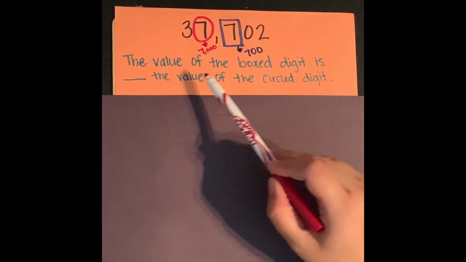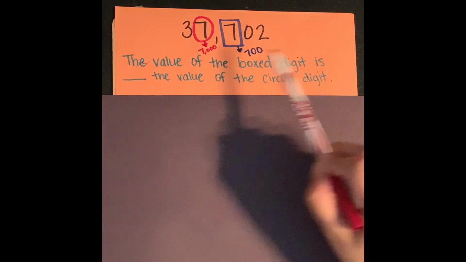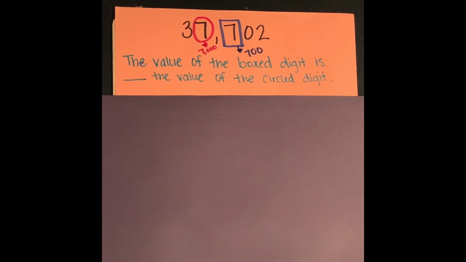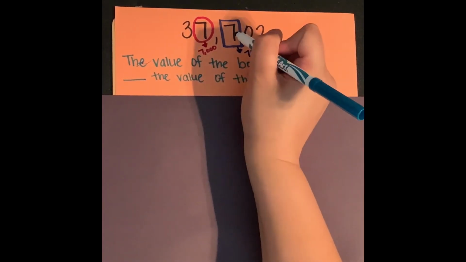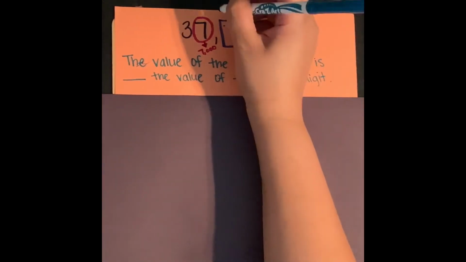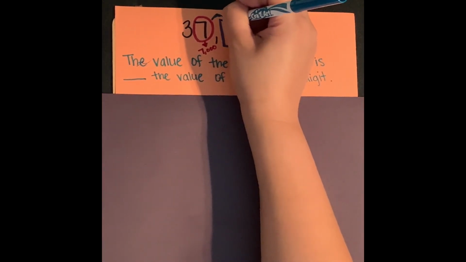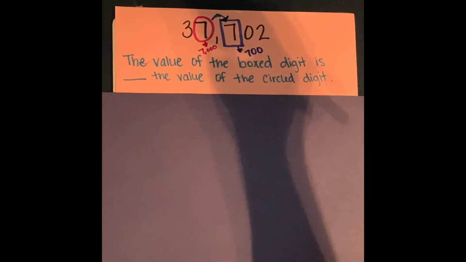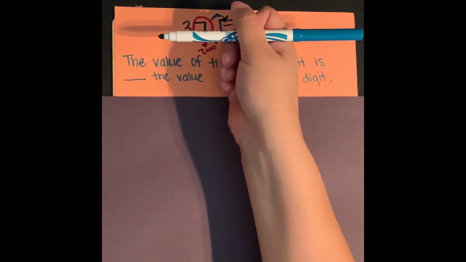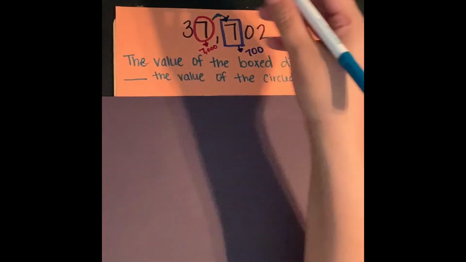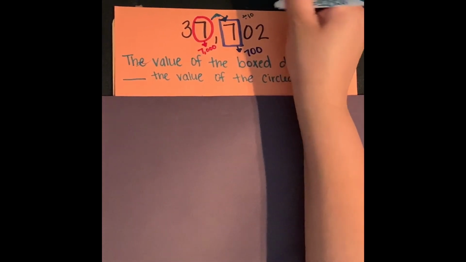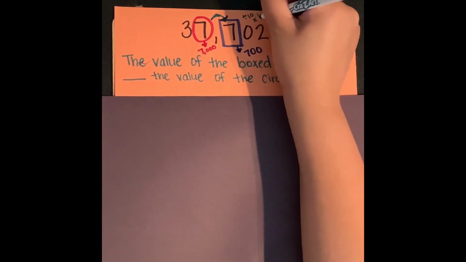And it says the value of the boxed digit is blank the value of the circle digit. So when we look at it, we're not going from 700 to 7,000. We're going from 7,000 to 700. We're going to the right. And we already know when we go to the left, it's times 10.